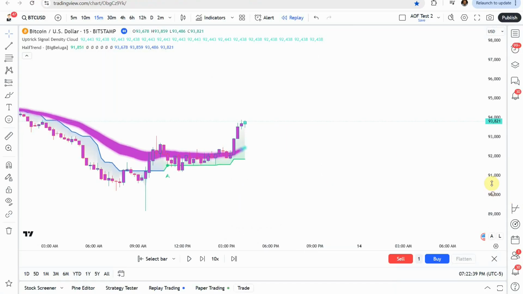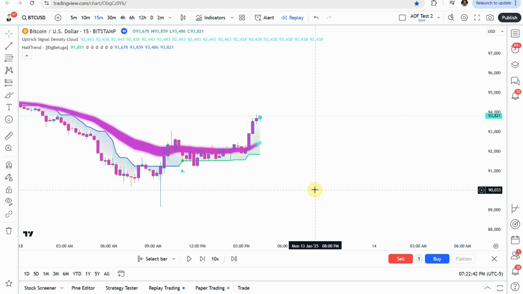Alright, as I said, today we will be testing a crypto scalping strategy. And so the source video says this half trend indicator buy low, sell high, which shows market tops and bottoms. It's a little bit of a strange title there. Hard to really make sense of it.